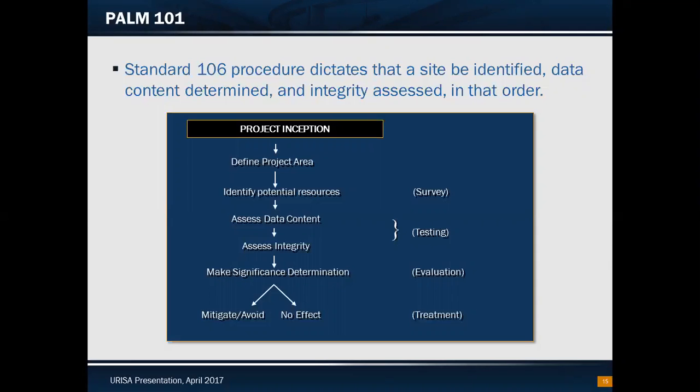That is testing, phase 2. And then at the end of testing, you make a significance determination, which is your evaluation, and from that point, you determine treatment. So everything above making a significance determination is part of the identification process.